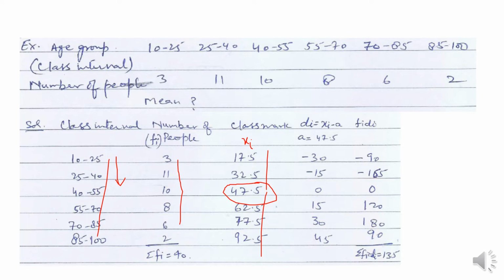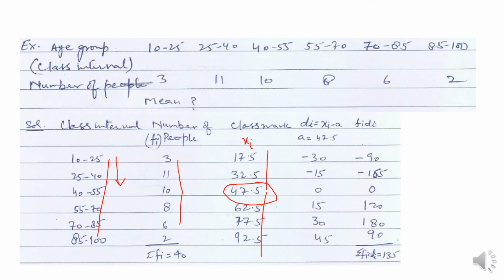In this case exactly the mid is not coming, so there are 2 above and 3 below, and it will still work. So we subtract a, 47.5, from each xi. Values above give negative and values below give positive.